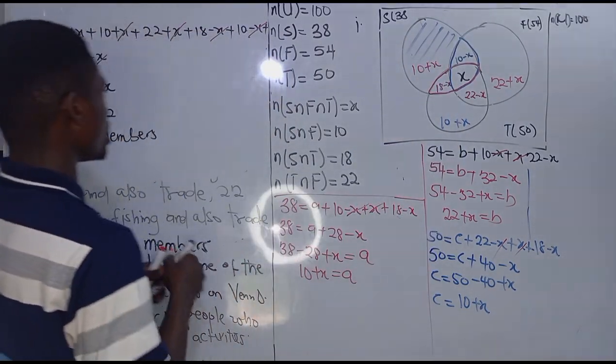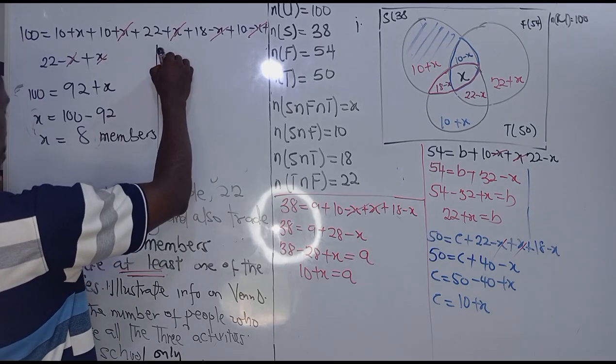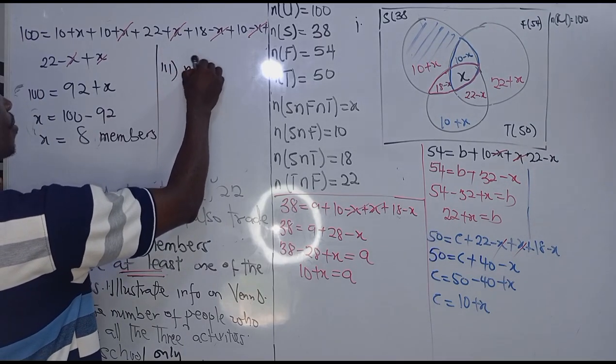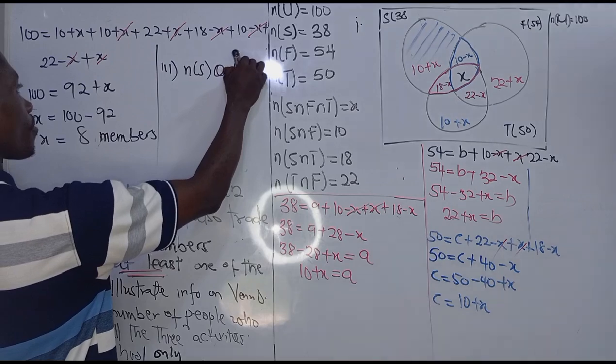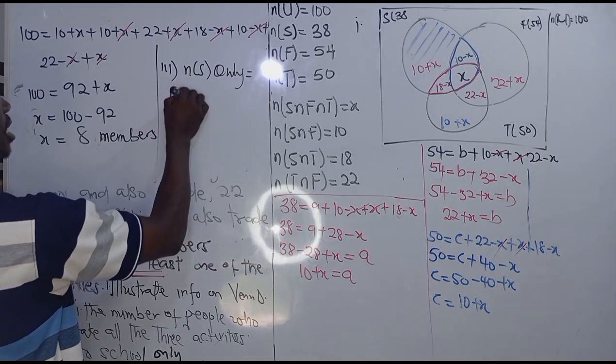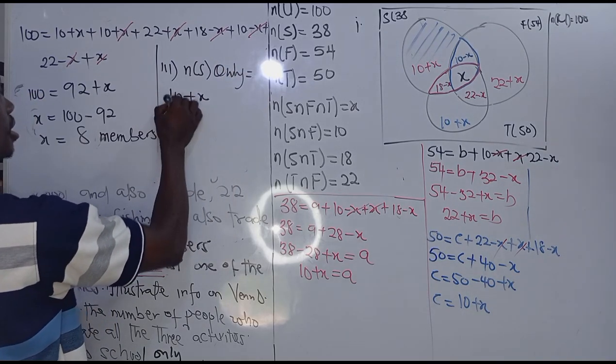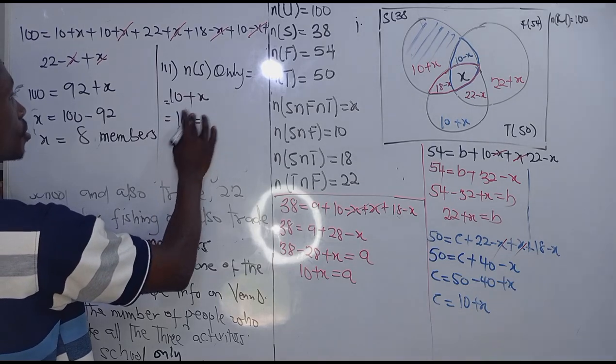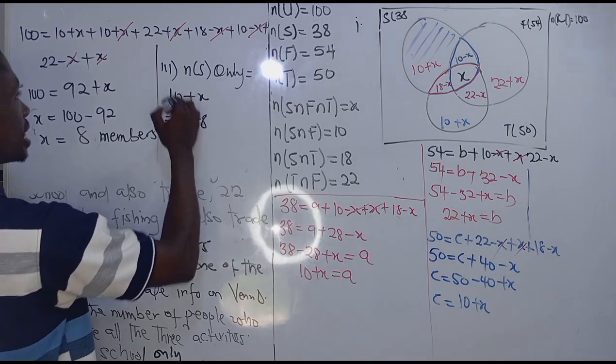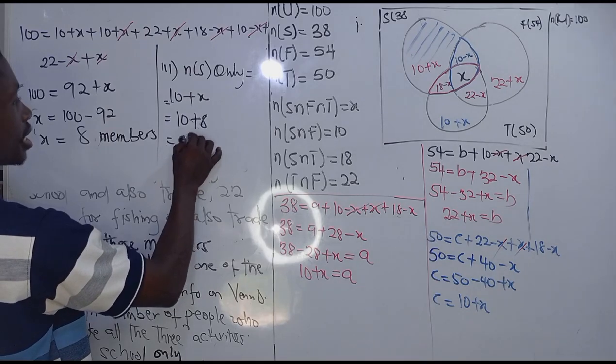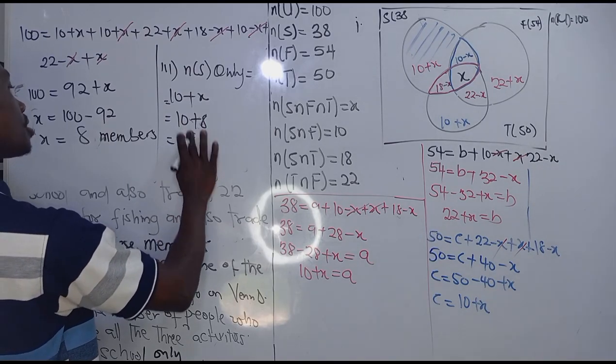So to get school only, we are going to have 10 plus what? X. And we know that our X is equal to what? 8. So we have 18 members.